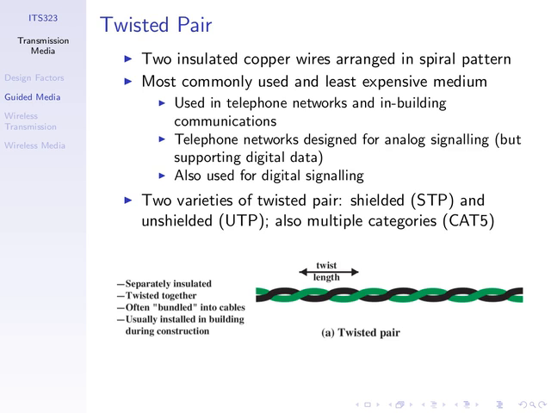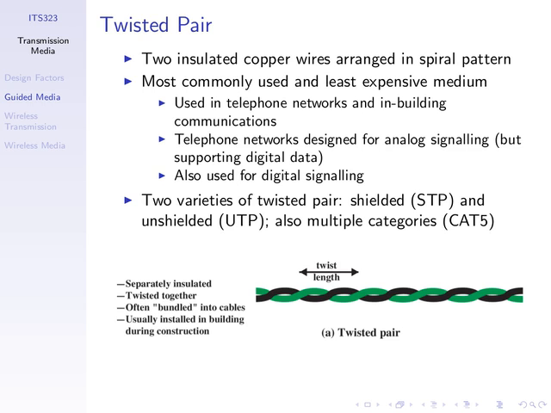These are the most common and probably least expensive communications media that we use today. It's used in telephone networks. So your link from your telephone into the wall, into the socket, is using a twisted pair. And often from that socket out to the telephone exchange, maybe also using a twisted pair.